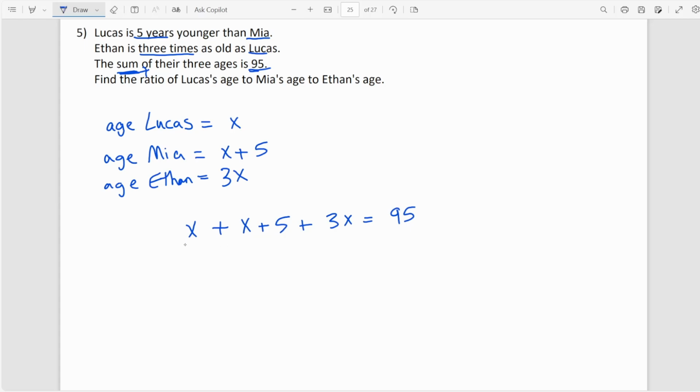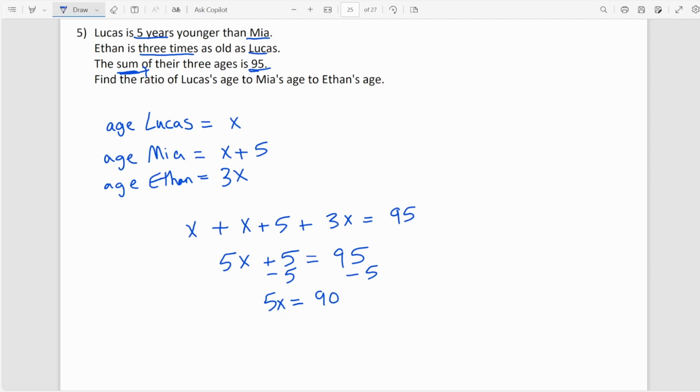I'm going to collect the x like terms. So we have x plus 3x, and this gives us 5x plus 5 is equal to 95. And now I will subtract 5 from both sides, and we get that 5x is equal to 90.